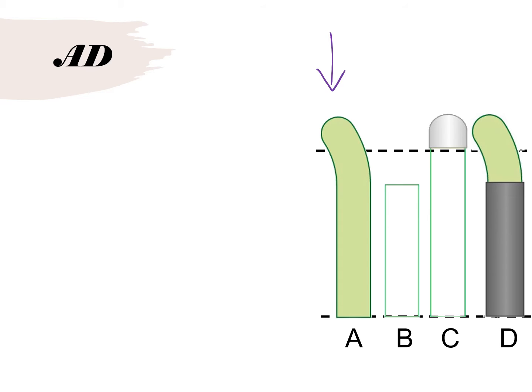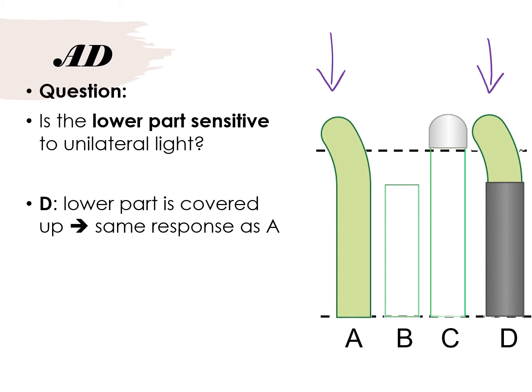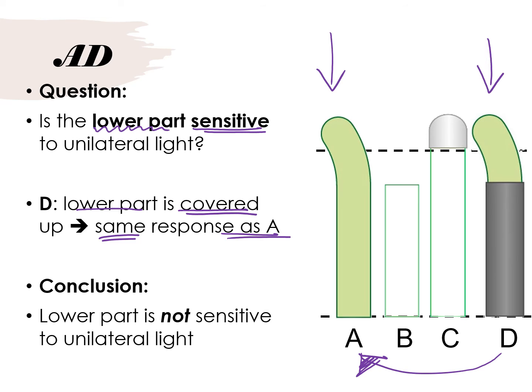Darwin also compared setup A and D as well. The question is, is the lower part sensitive to the unilateral light? After the experiment, setup D, even though the lower part is covered, gives the same response as A. So the conclusion is the lower part is not sensitive to the unilateral light.